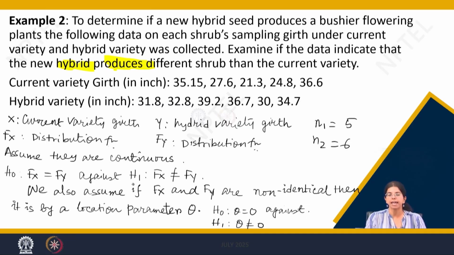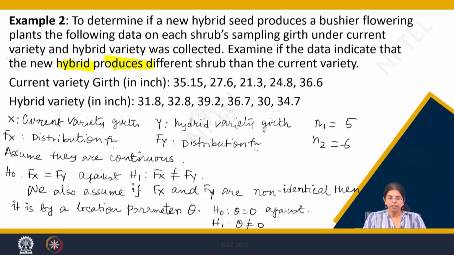It doesn't say superior or improved shrub in terms of the girth. It says, is it different from the previous one? So that's why we are taking inequality, not equal to, as our alternative hypothesis.